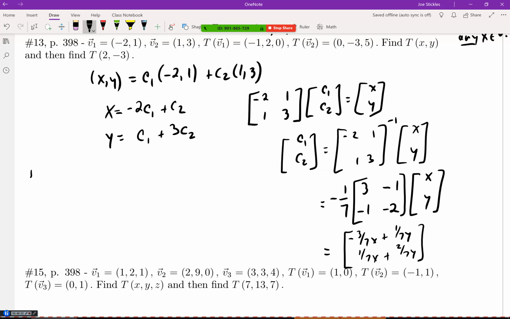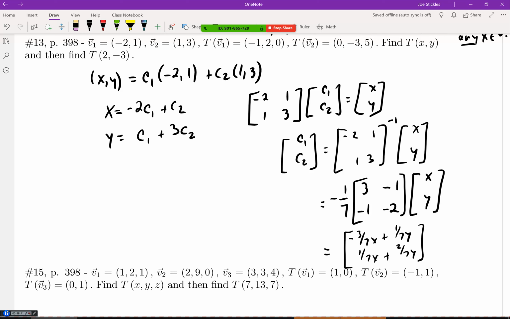So that tells us that the rule that it's asking for, T of (x, y), is going to be... That's interesting. What did I just do? I'm sorry, that's not the rule yet.